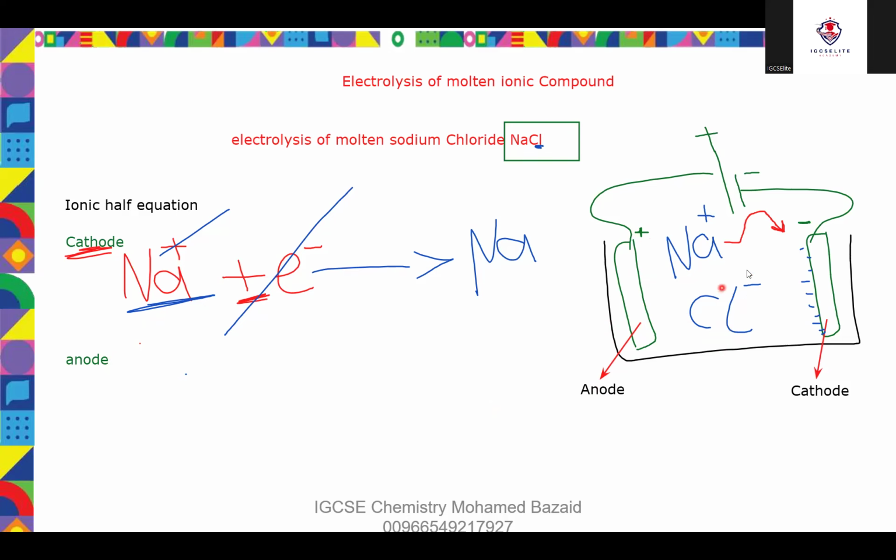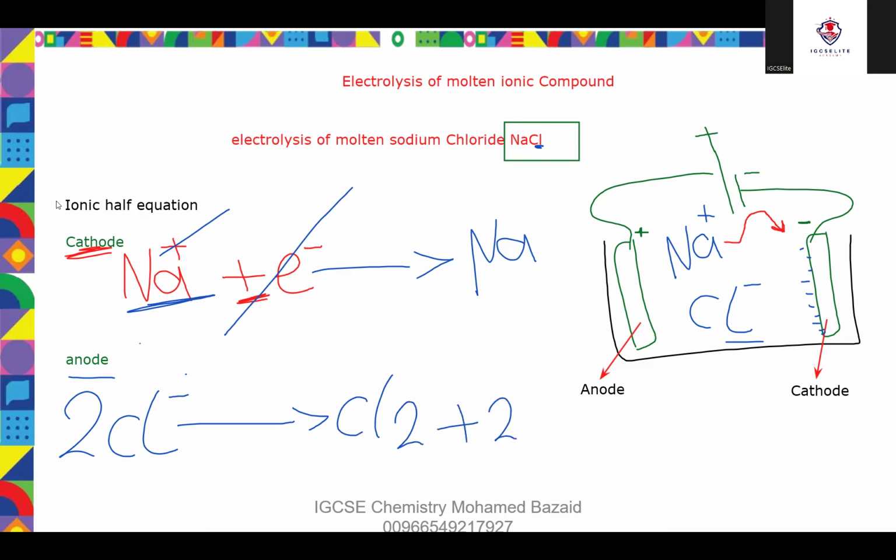Anode will attract the chloride. This is called chloride because it has a charge. If you have chloride, write 2Cl minus, lose, make arrow, and write Cl2 plus 2 electrons.